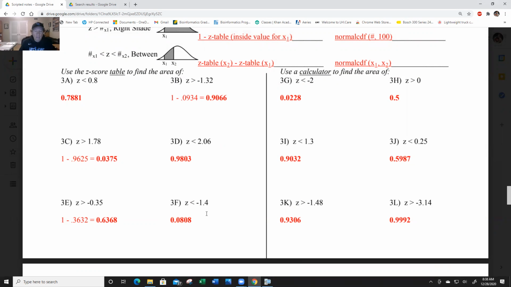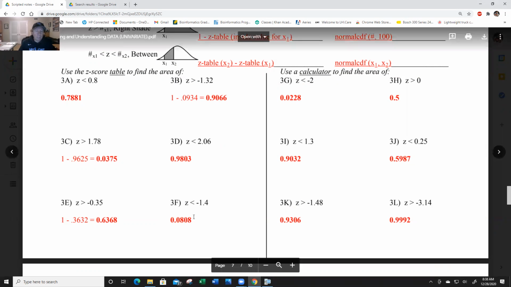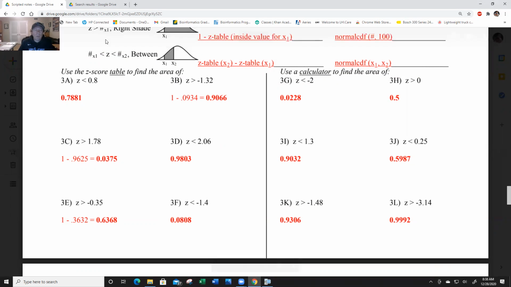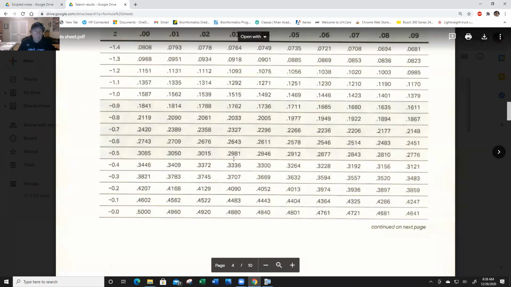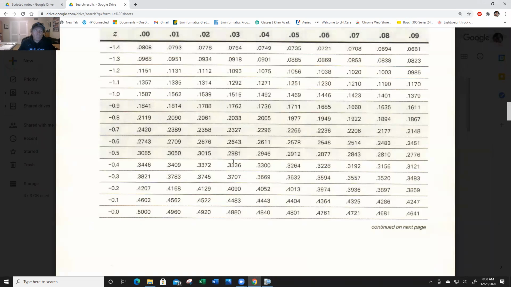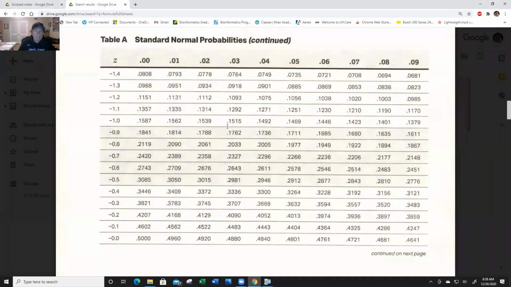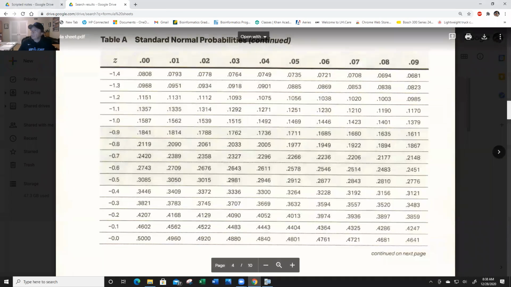That's not much of an area. It's under 10%, as you can see. Negative 1.4. Okay, it's negative 1.40, and it's right there. 0.0808.